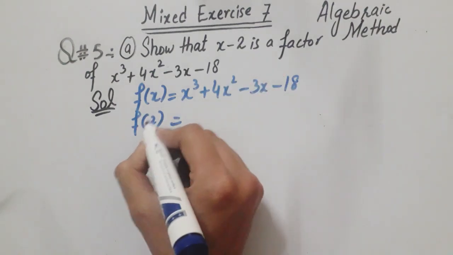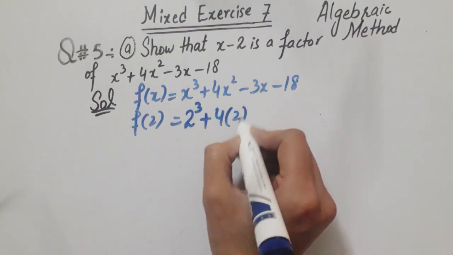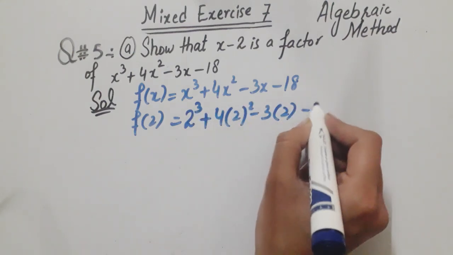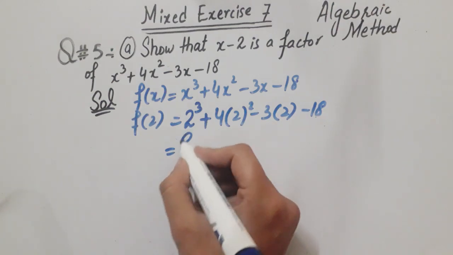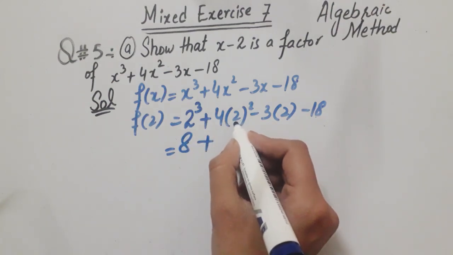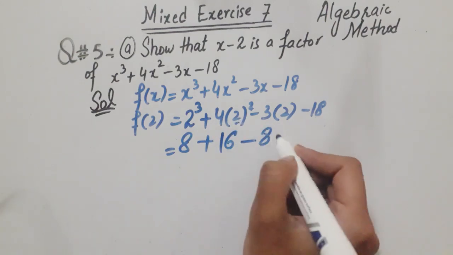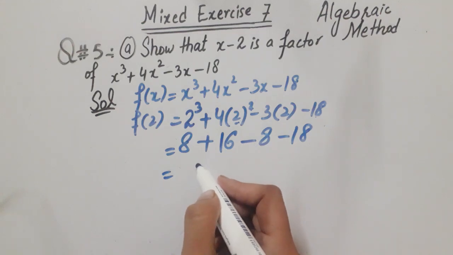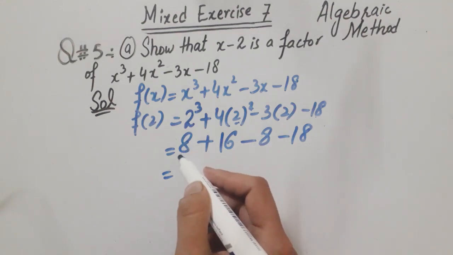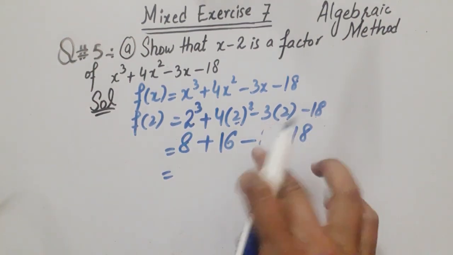So put x is equal to 2: 2 raised to power 3 plus 4 into 2 square minus 3 into 2 minus 18. 2 raised to power 3 means multiplying 3 times, which is equal to 8, plus 2 square, 4 into 4 is 16, minus 8 minus 18. So we will get 3 into 2 is 6.